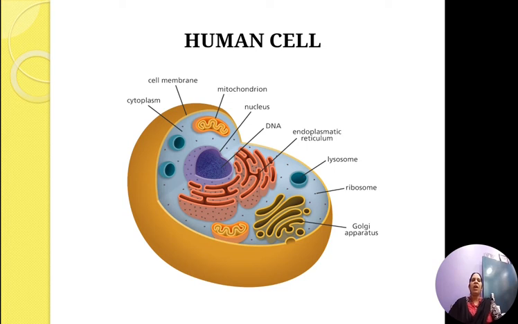The nuclear membrane protects the nucleus by forming a boundary between the nucleus and other cell organelles. Chromosomes play a crucial role in determining the sex of an individual. Each human cell contains 23 pairs of chromosomes.